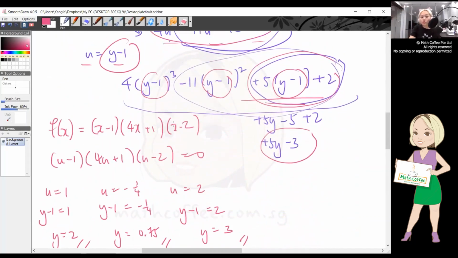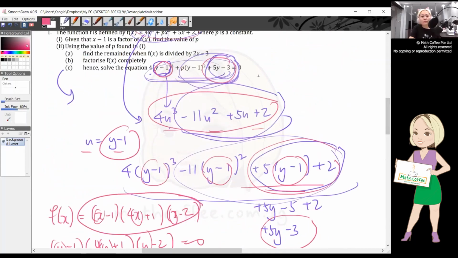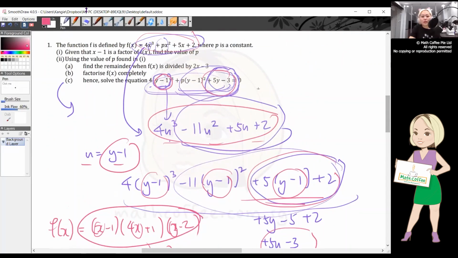Then after that, you solve, because previously you already factorized it, right? You only need to replace all the x to become u. Understand? Then when you solve this cubic equation, you get all this. Then remember to bring back your y minus 1. Then these will be the 3 answers. Okay? So that will be this question.